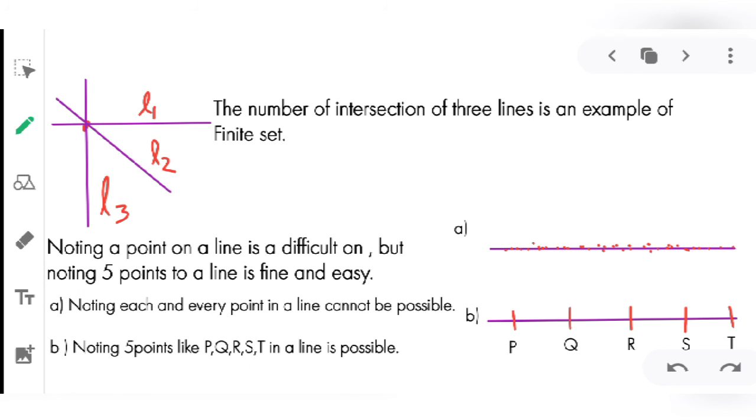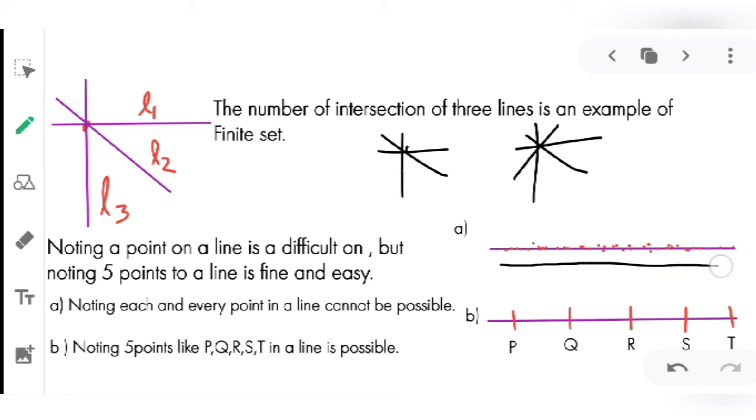Okay, next we are going to the next concept. For example, when 3 lines intersect at a point, that is a finite collection. When 4 lines intersect at a point, that is also a finite set. And describing each and every point in a line segment is quite uncountable and undetermined.